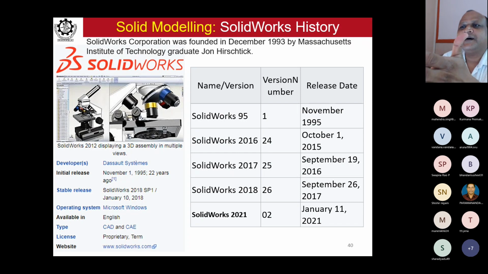But the point is that if you are dealing with a lower version, it will open in the upper version, but vice versa is not possible. At present, SolidWorks 2021 is there, and its version number is 02, which was released on January 11, 2021.